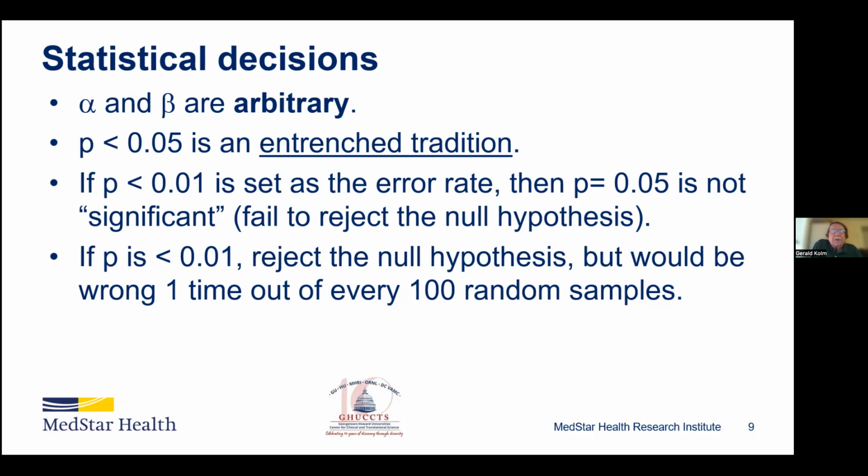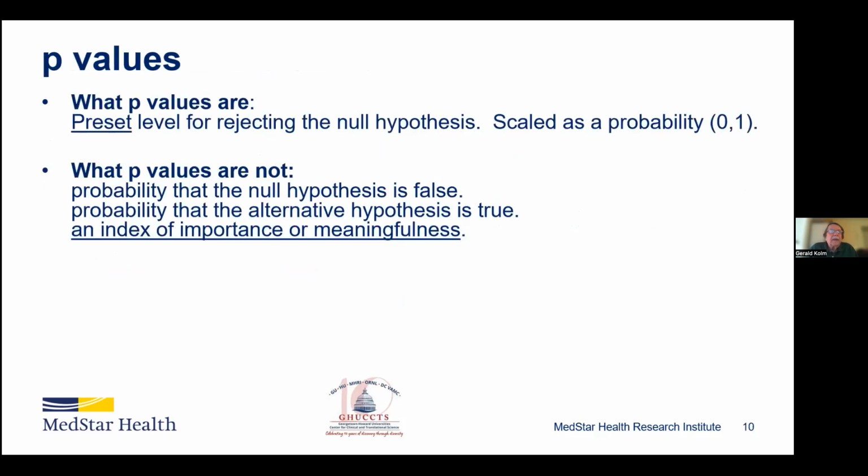So you can see that the alpha error rate, the p-value that we choose, that you choose, is arbitrary, but as we mentioned, 0.05 is sort of what's typically used in the research literature. And so then we talked about what p-values are and what they're not.